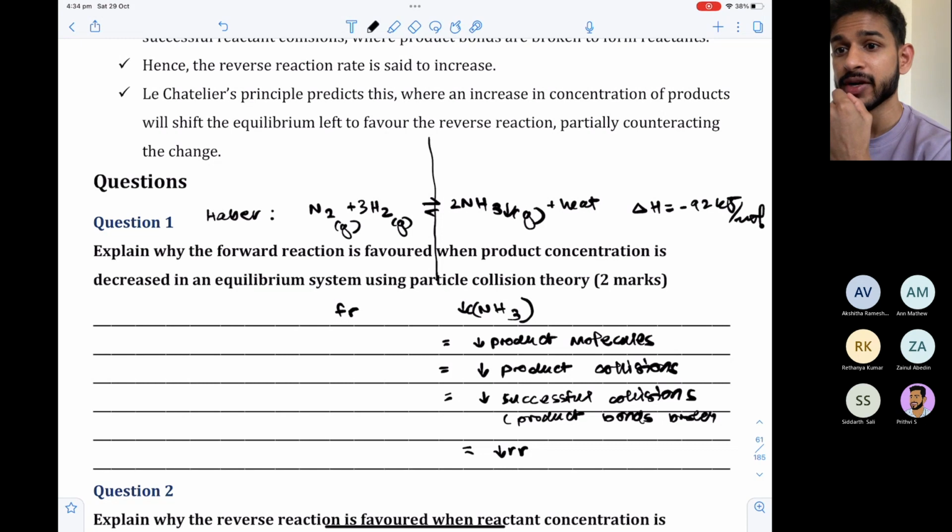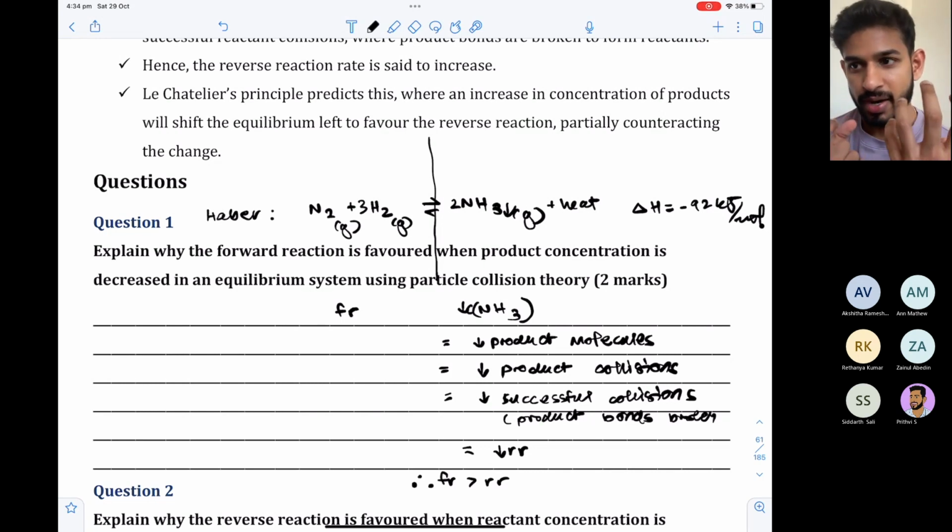To the left or to the right? We've literally just said the forward reaction is greater than the reverse reaction. Go forward. Yes. Therefore, the equilibrium is shifted to the right-hand side.